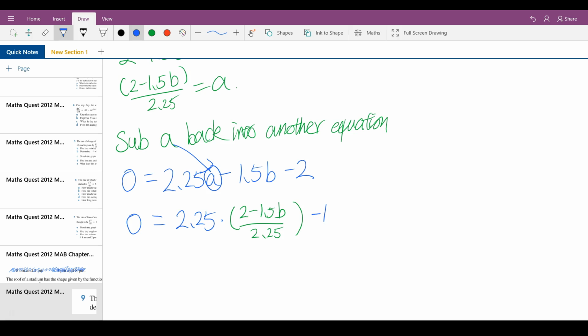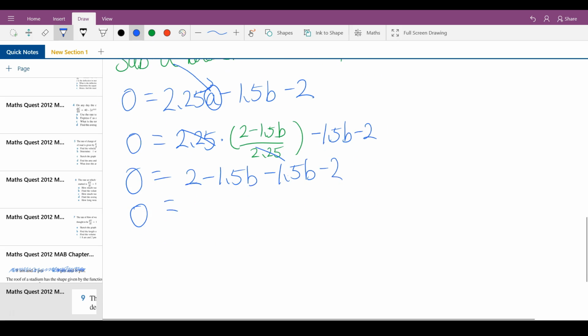So it's minus 1.5b minus 2. All right. So now this 2.25 cancels out, right? So you will get 2 minus 1.5b minus 1.5b minus 2.